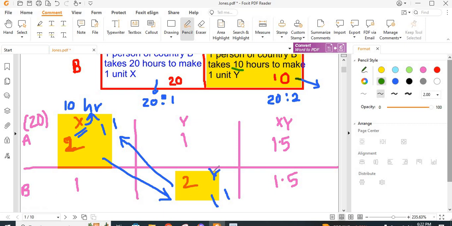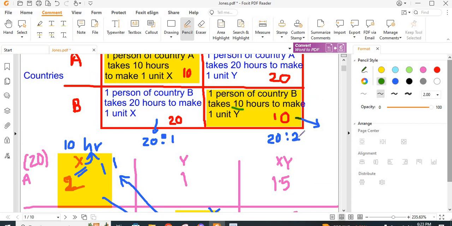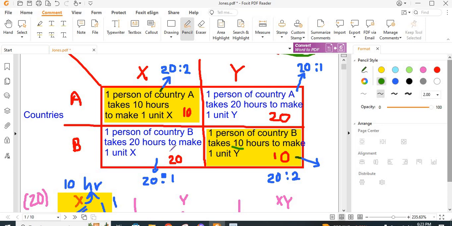But if it wants to produce Y, it can actually make 2 units of Y, because it's more, quote unquote, efficient again in making Y. Going by the same logic, if it wants to produce both X and Y, country B can use the first 10 hours to make 1 unit of Y, and then the rest of the 20 hours, 10 hours, it can make half a unit of X.